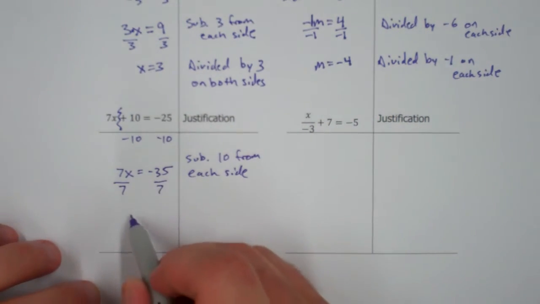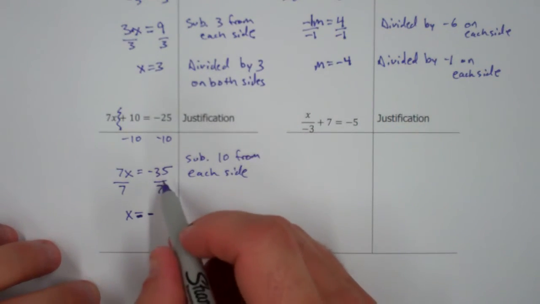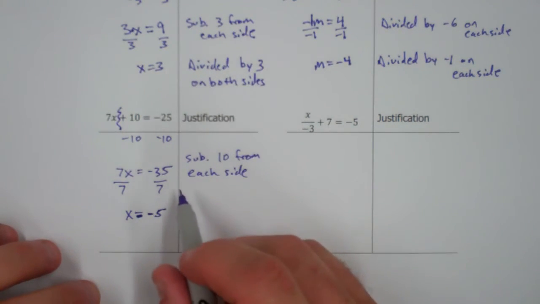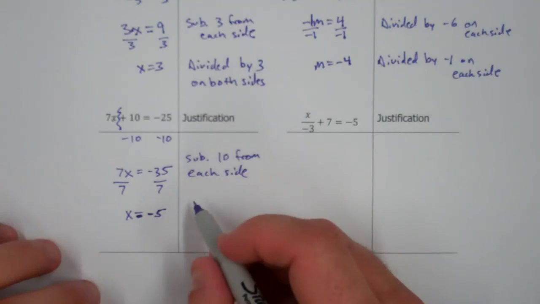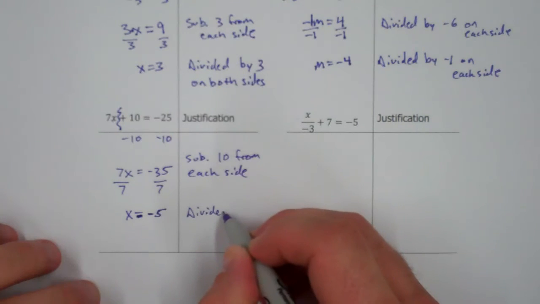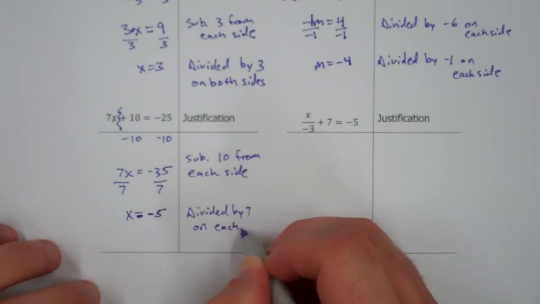We'll divide by 7. We've got a negative divided by a positive. That's a negative. 35 divided by 7 is 5. So we've got a negative 5 here. And if we plug that one in or substitute in for x, it would work. What we did from this step to this step is we divided by 7 on each side.